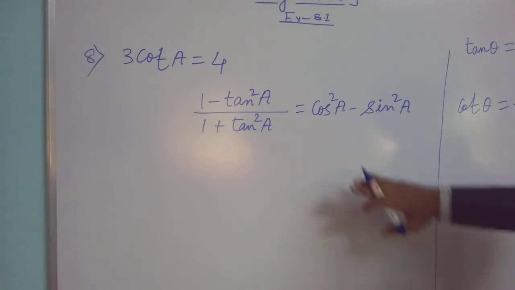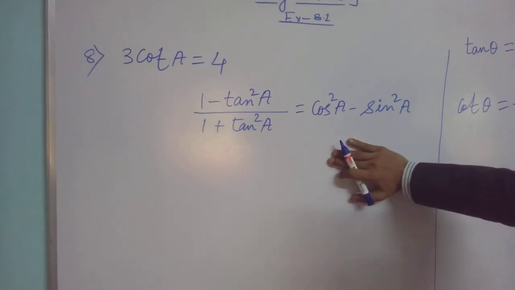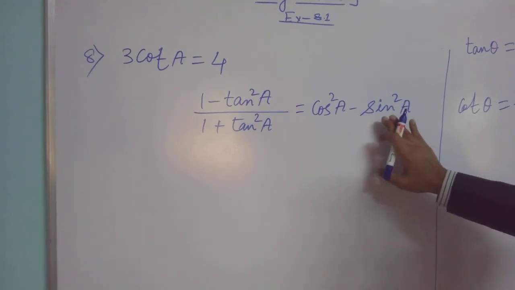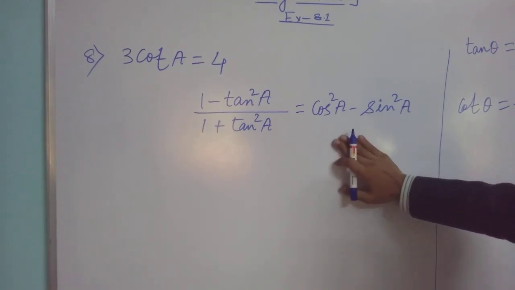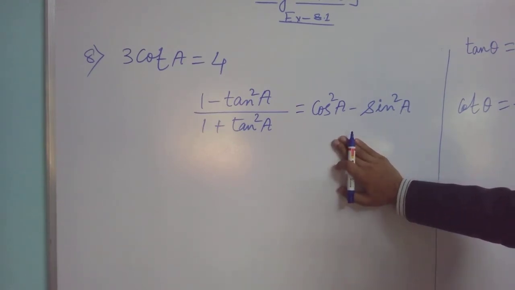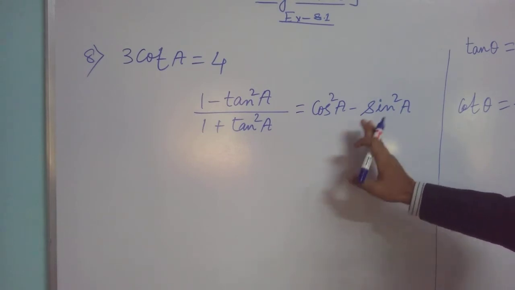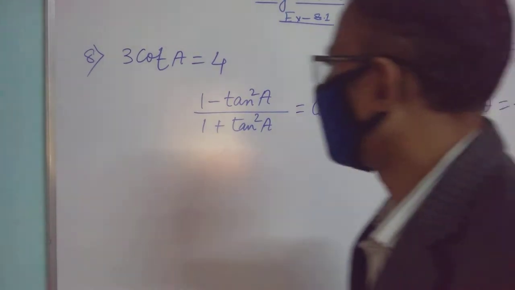Now we have two options. Either you directly put the value of cot A on the left hand side and on the right hand side, in any way, something you need to try to find out from here and here, or otherwise we can start with the left hand side and let's see what is happening.